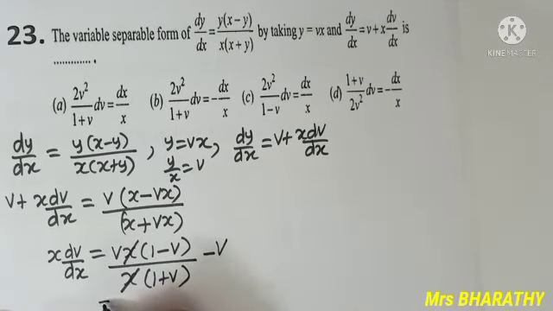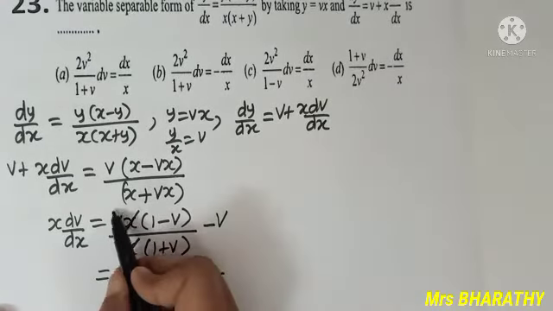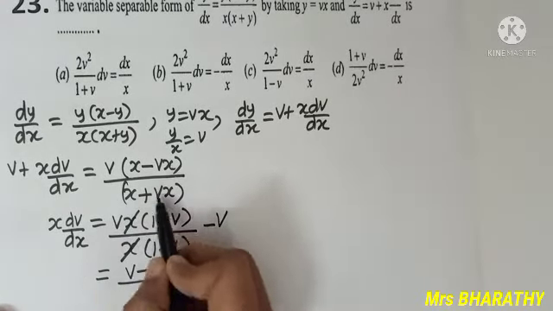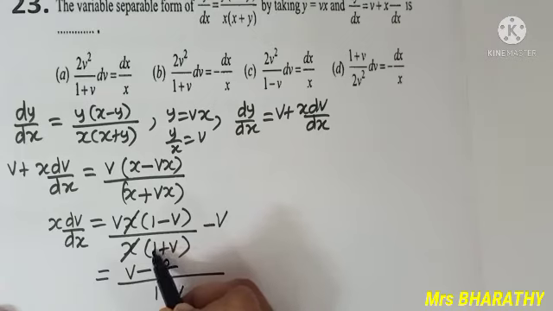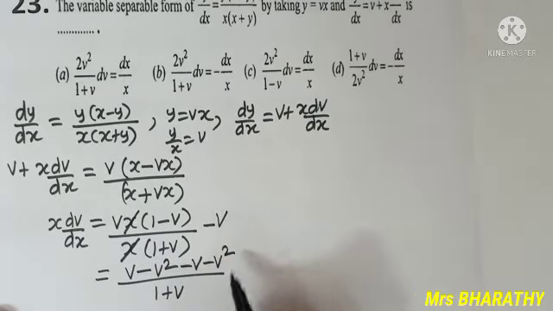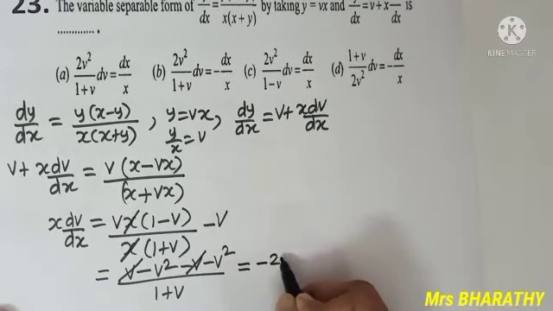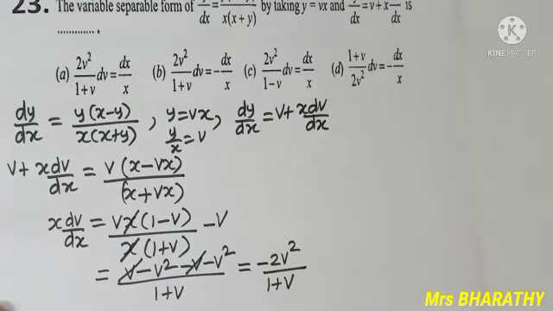As we simplify by taking LCM 1 plus v, I get v into 1, v into v, 1 into minus v, v into minus v. V and v gets cancelled. We are left with minus 2v square by 1 plus v.